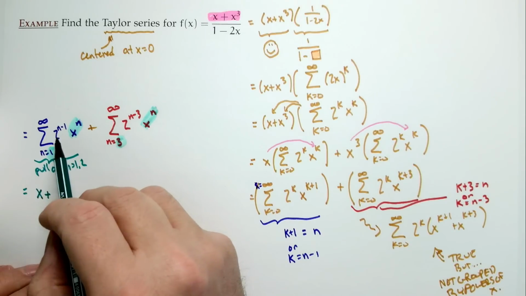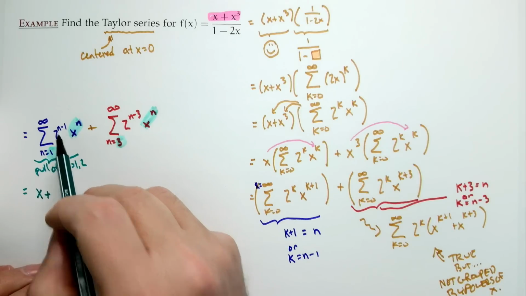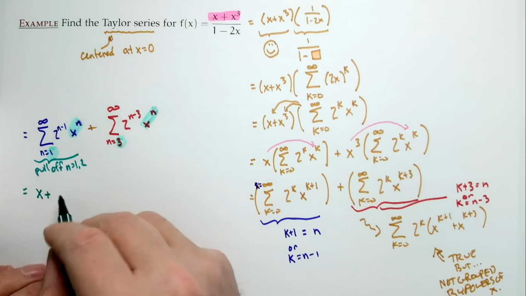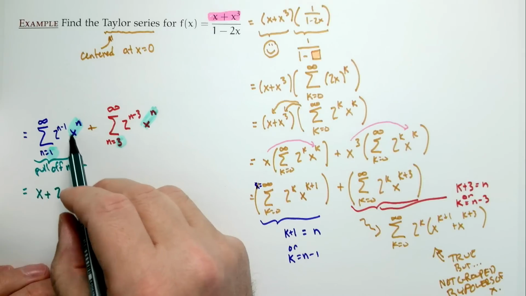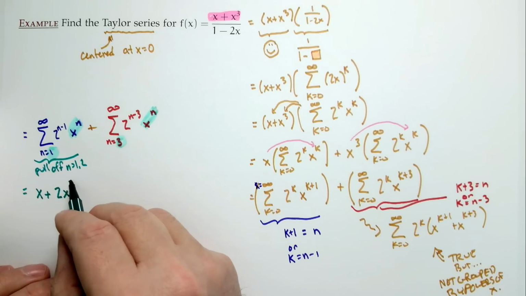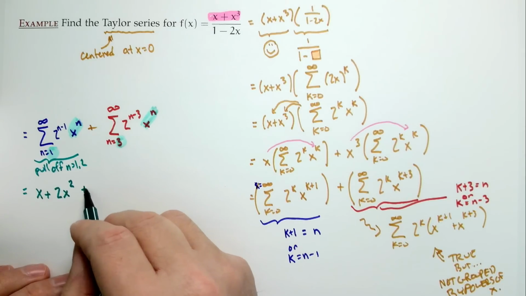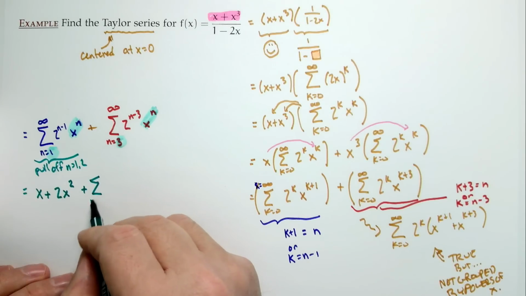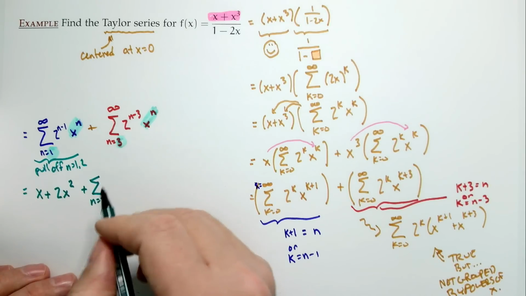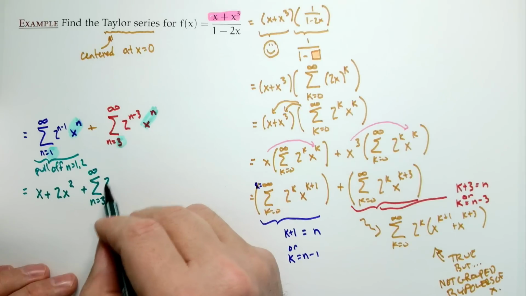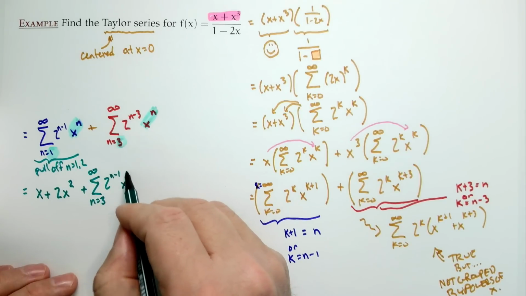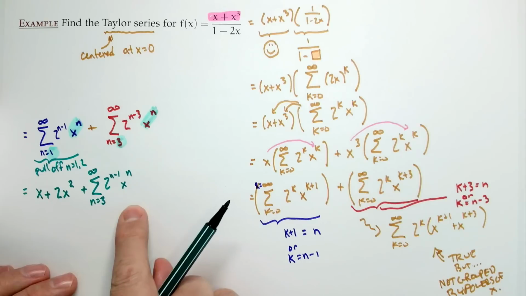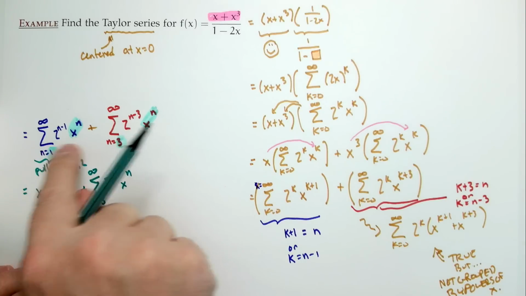Plus, and then we have 2 to the 2 minus 1, which is 2. And then that would be x to 2, so x squared. Plus, and then we have the sum from 3 to infinity, 2 to the n minus 1, x to the n. So this part here is this first sum.